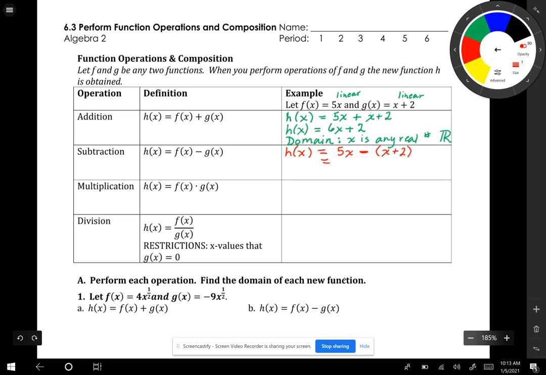So let's distribute the negative, because remember, there's a 1 here. So that's negative 1x minus 2. So h of x equals 4x minus 2. And again, the domain is all real numbers. So I'm going to put over here.